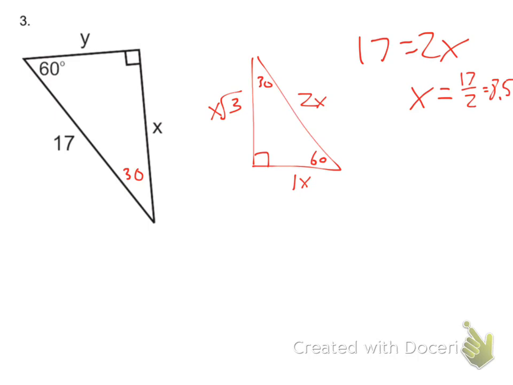Okay? Now, wait a minute. That means I could put this 8.5 or 17 over 2 back in for these two ratios, which represent x and y. Granted, that x is not the same x as in the problem. What's opposite 30 here? Y. What's opposite 30 here?